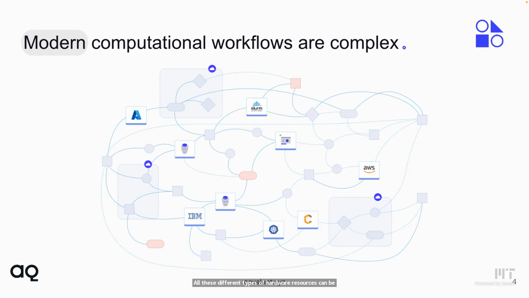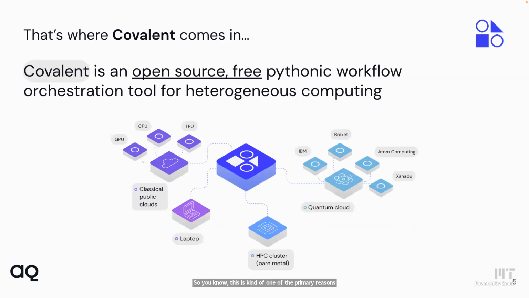So this is one of the primary reasons we built Covalent, so that this heterogeneous computing is a lot simpler. Even with GPUs, CPUs, TPUs, or quantum computers, as a developer you shouldn't really have to think about all these different hardware solutions, how you're going to run them, or which compute environments.